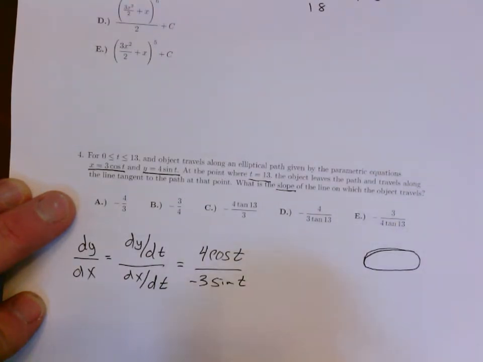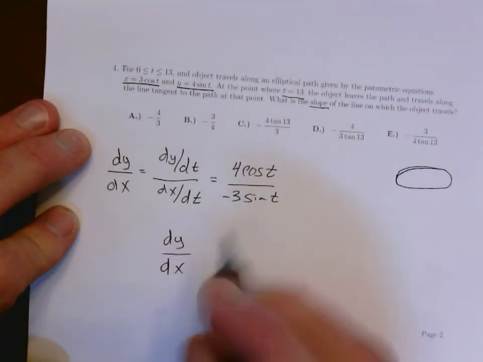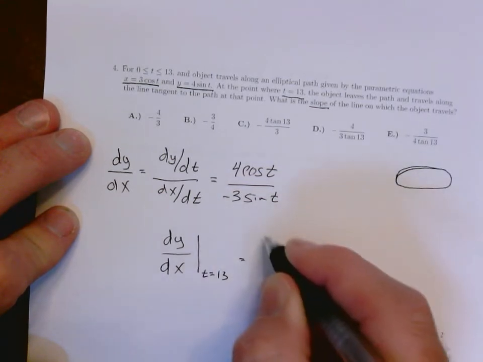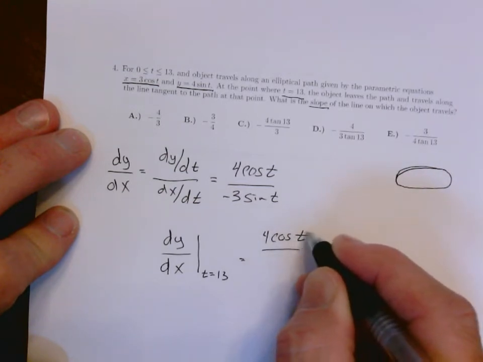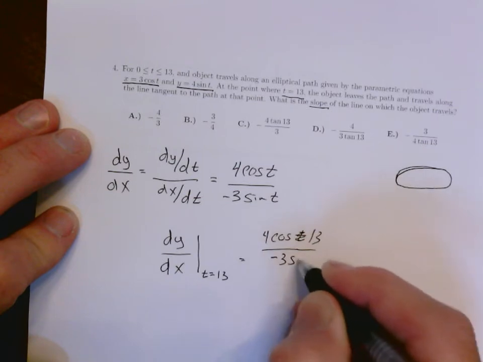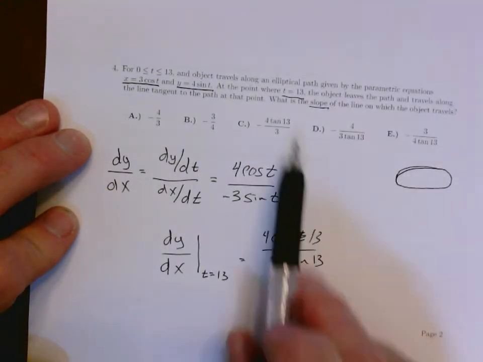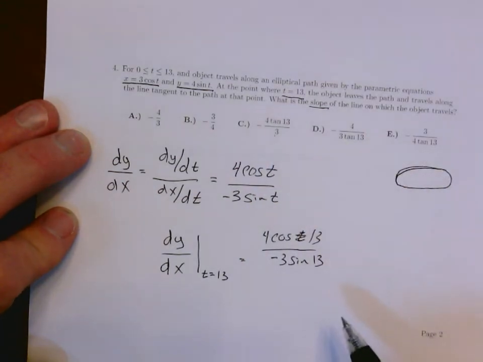So plugging this in, I know dy/dx evaluated when t is equal to 13 is equal to 4 cosine 13 all over negative 3 sine of 13. Now you notice none of those answers are up there, but there are these tangents, and we know tangent is sine over cosine.